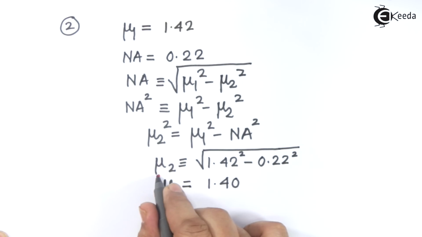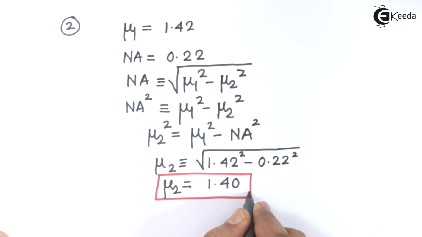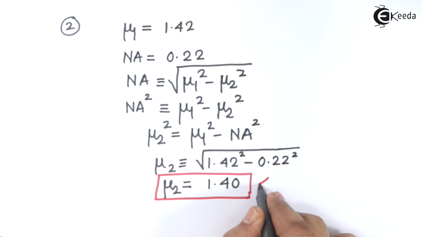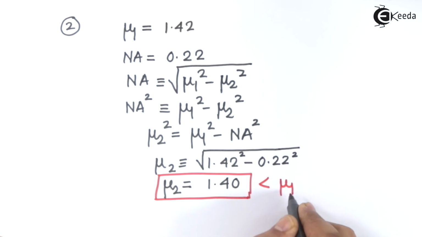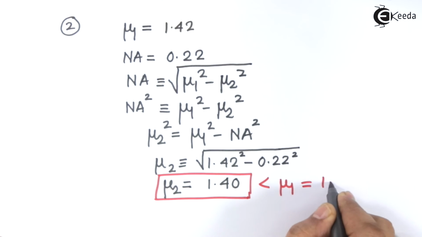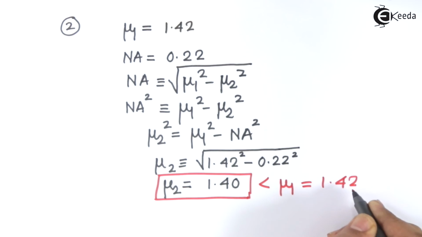Thus, the value of the refractive index of the cladding is 1.40, which is less than mu1, which is equal to 1.42, and which is also the condition that is required for the total internal reflection.